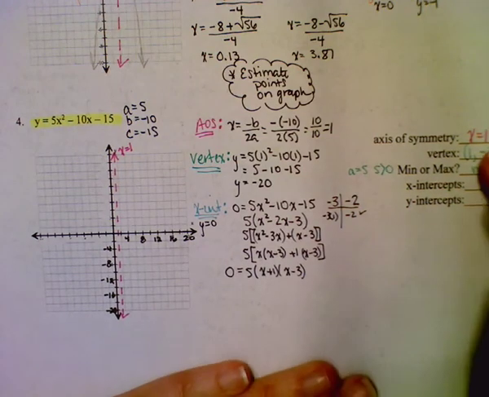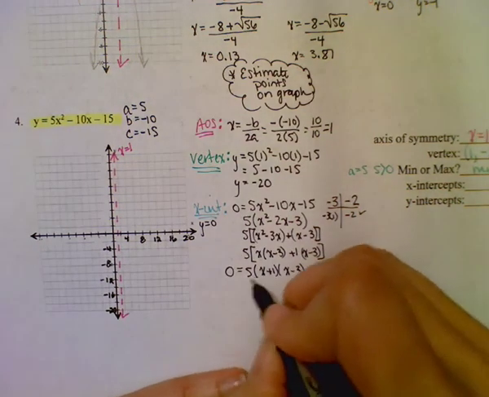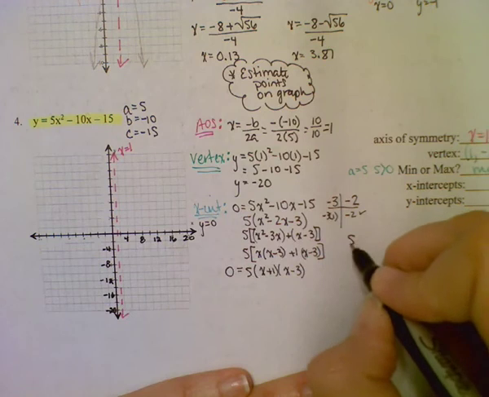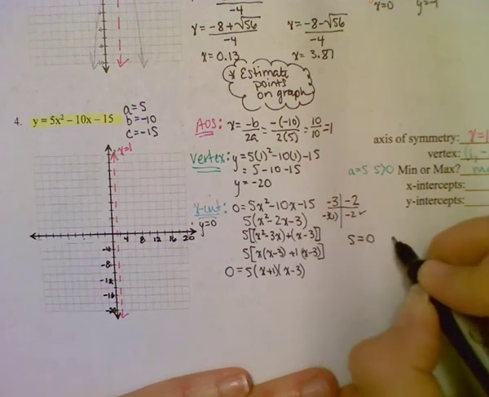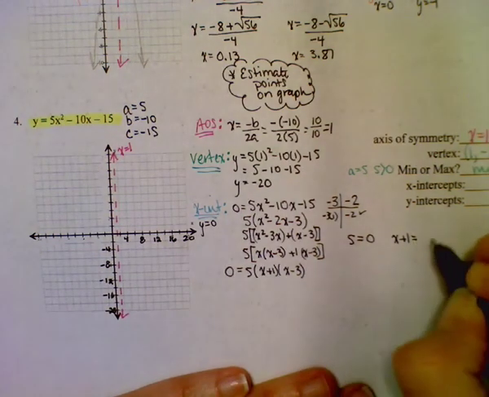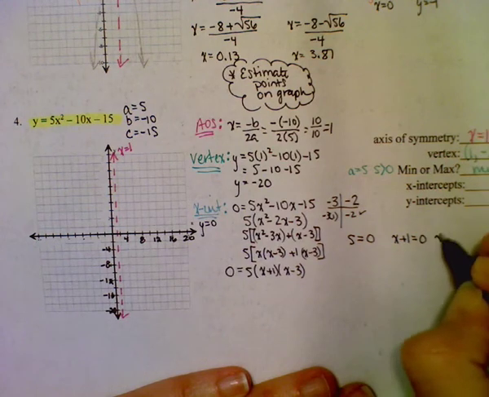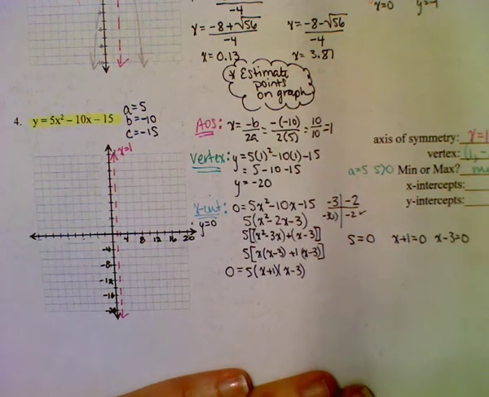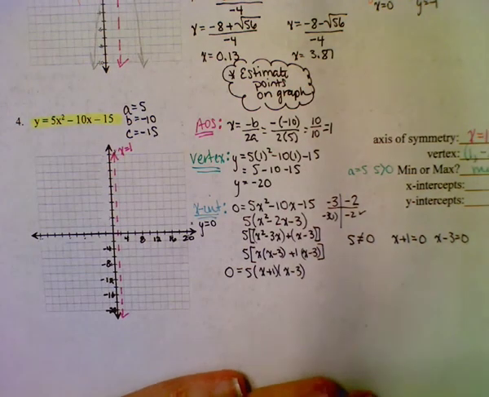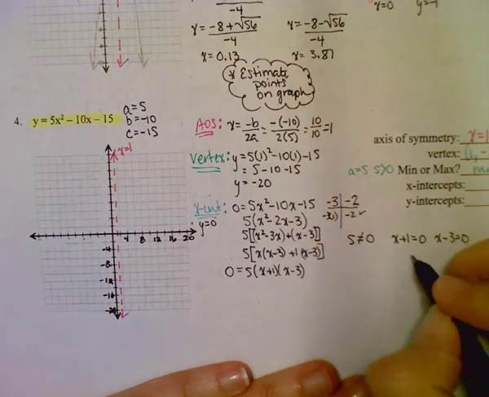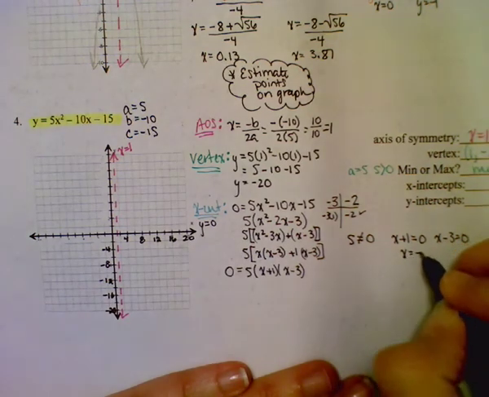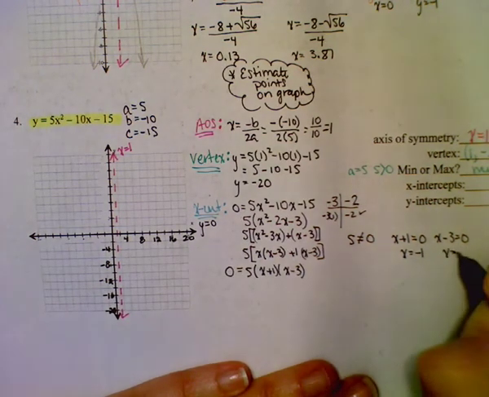So if you think these are my 3 factors, I can break it apart and set each one equal to 0. Except 5 does not equal 0, so that's not true, so we don't even have to worry about that one. Here, x plus 1 equals 0. That comes out to x equals -1, and here x equals +3.